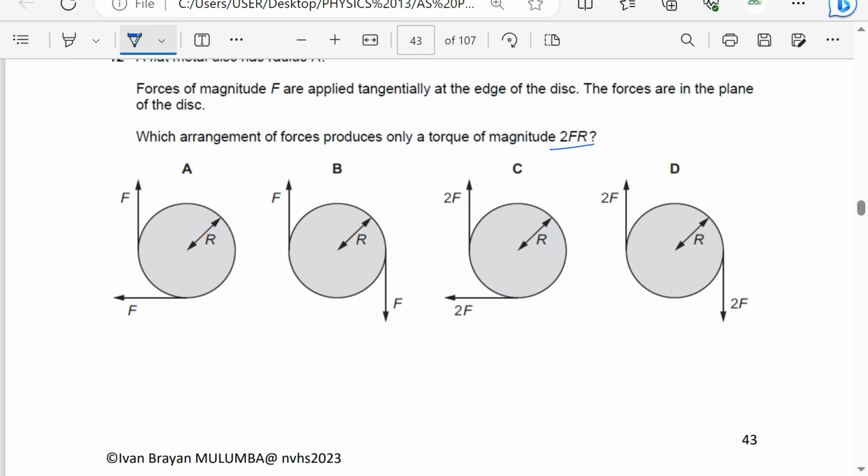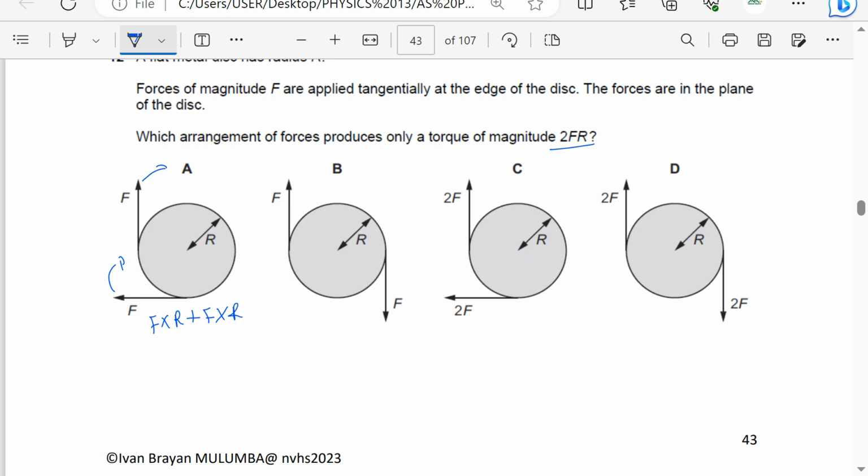So let's check. This is clockwise, this is clockwise. The total here is going to be F times the distance from the center, which is r, plus F times the distance from the center, that is r.